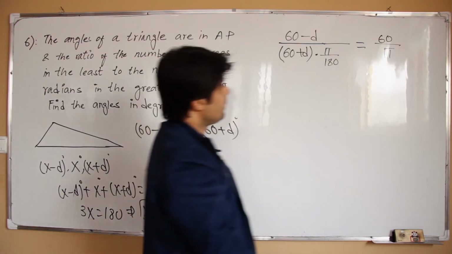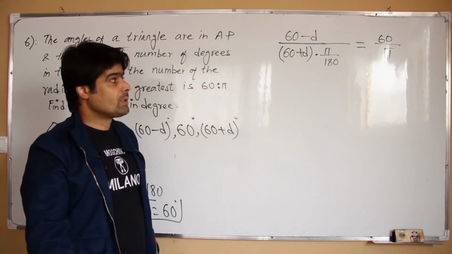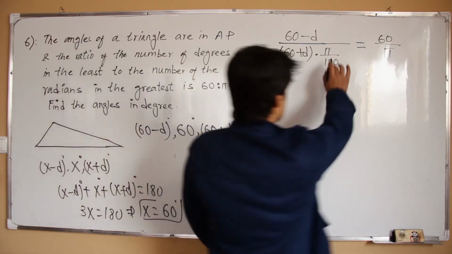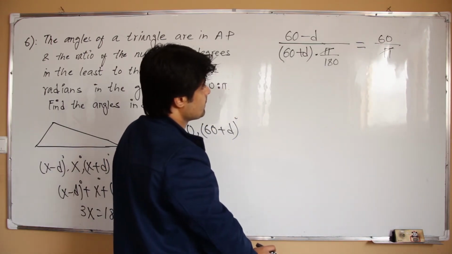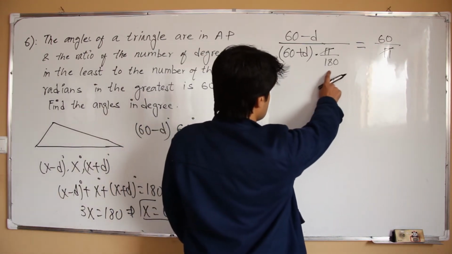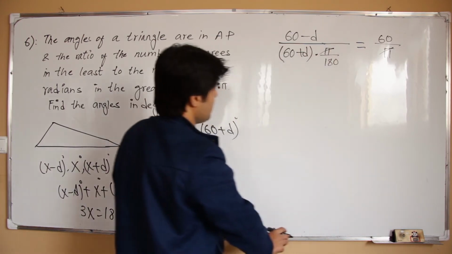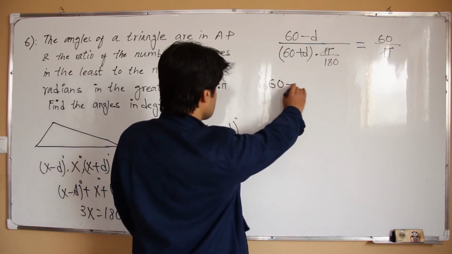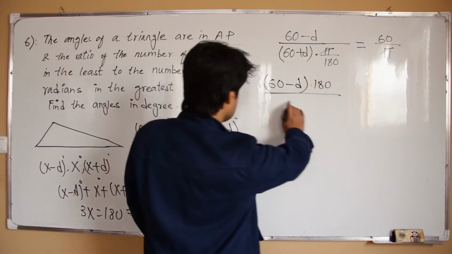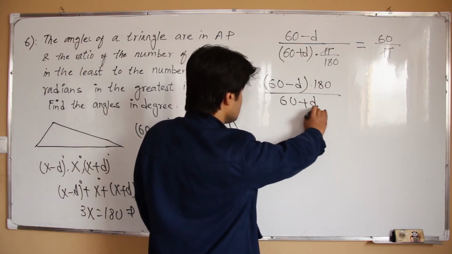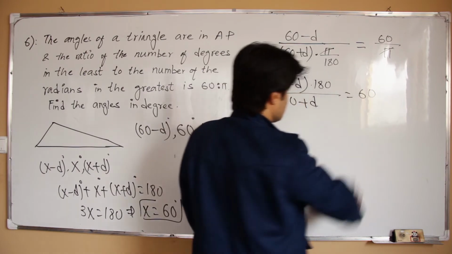Now from here you can find what? D. This pi with this pi is cancelled. Am I right? Yes. And this 180 goes to numerator, so we will have 60 minus d times 180 divided by 60 plus d is equal to 60.